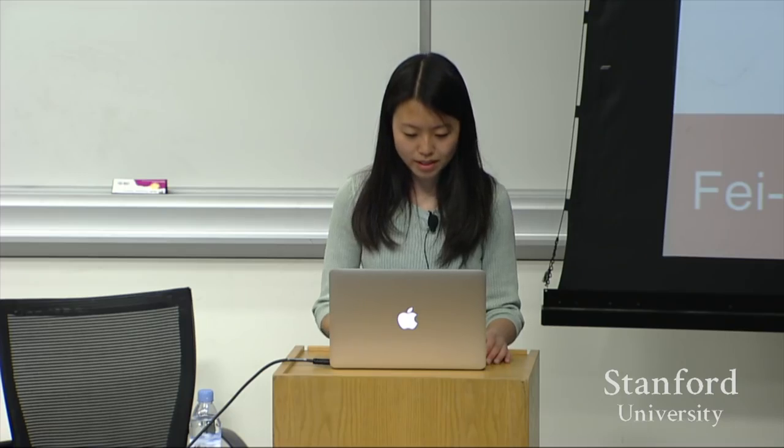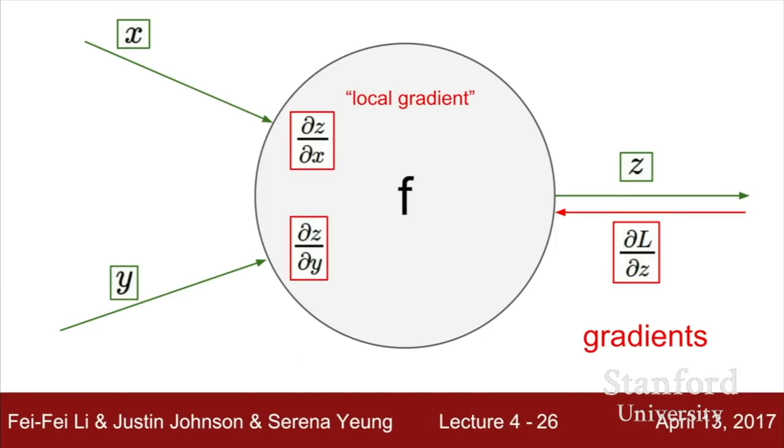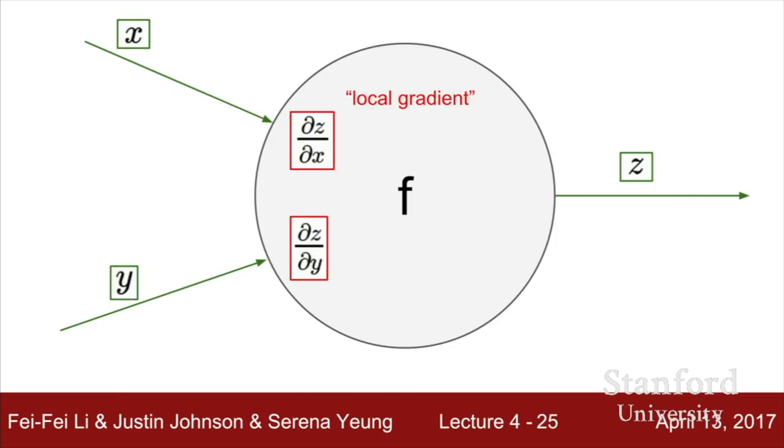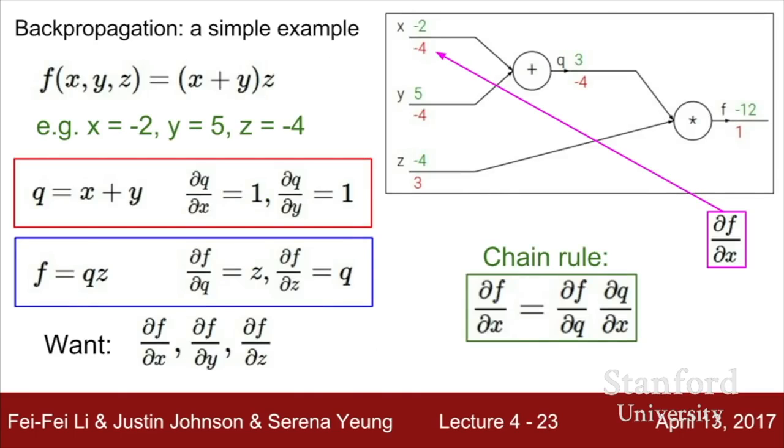So if we go back here, we could find all of these using just calculus. We could say we want df over dx, and we can probably expand out this expression and see that it's just going to be z. But we can do this in this case because it's simple. We'll see examples later on where this becomes a really complicated expression, and you don't want to have to use calculus to derive the gradient for a super complicated expression.